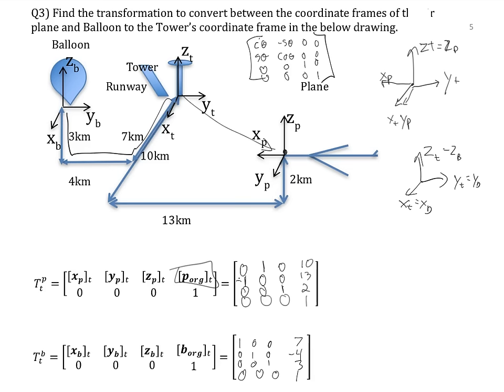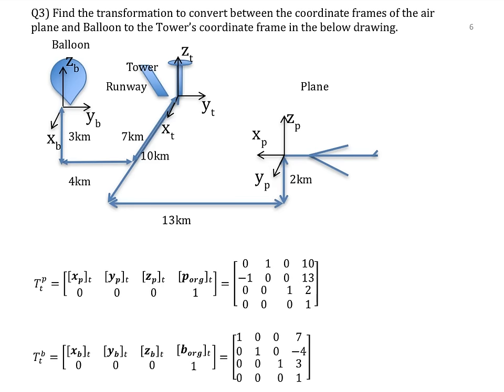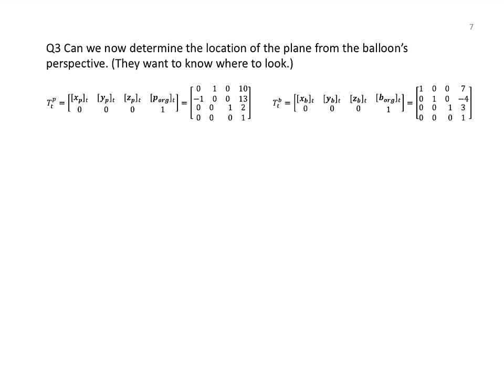However, at this point, the balloon is just getting a little antsy and wants to know where the plane is. Okay, so there are those numbers in prettier format so that you can read them. And on we go. Okay, so again, we've got our two transformations.